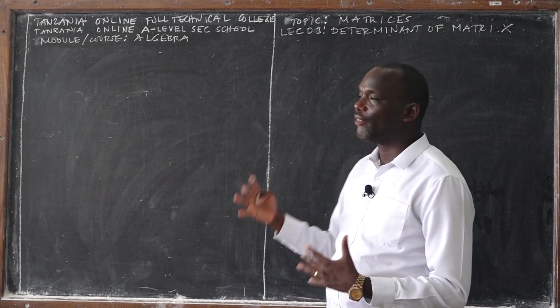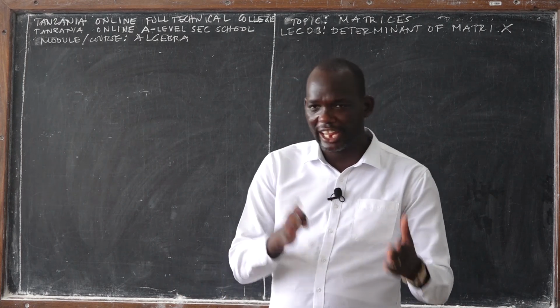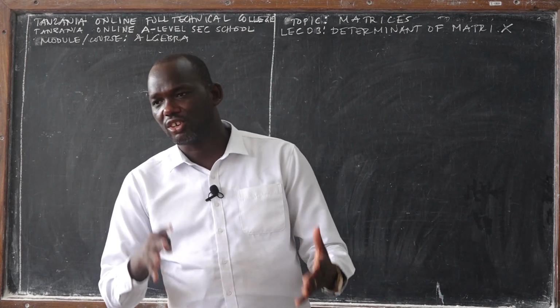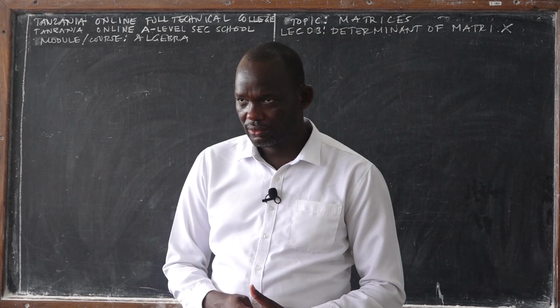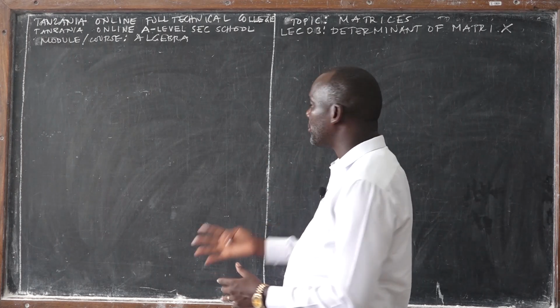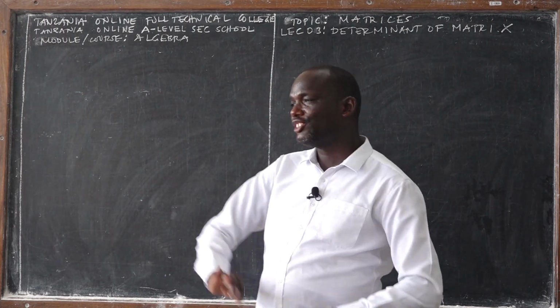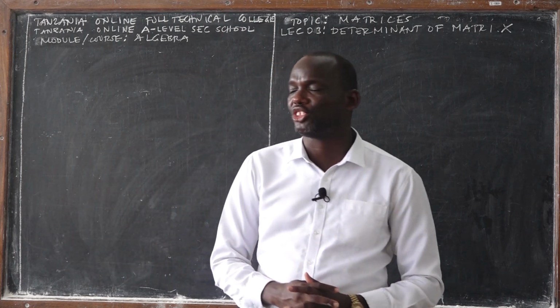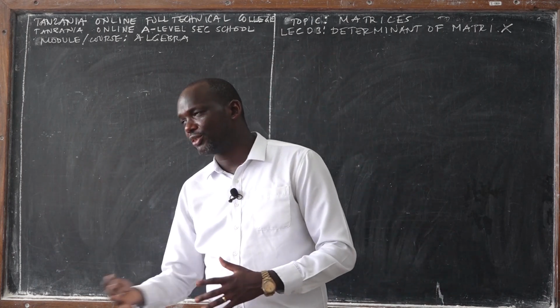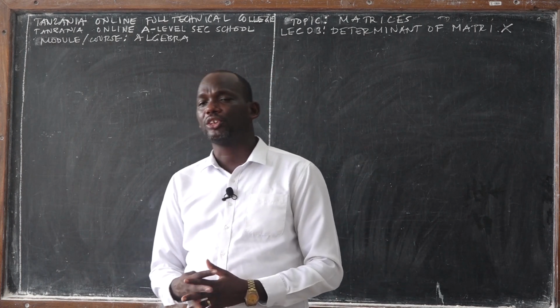So the content covered for ordinary diploma is similar to that covered in A-level. That is why I teach the determinants of a matrix together, because they originated from O-level, form four, and students learn this concept in order to apply it in their particular field.